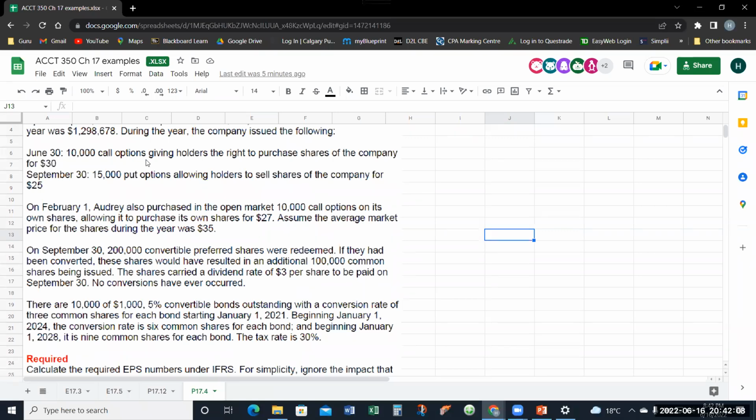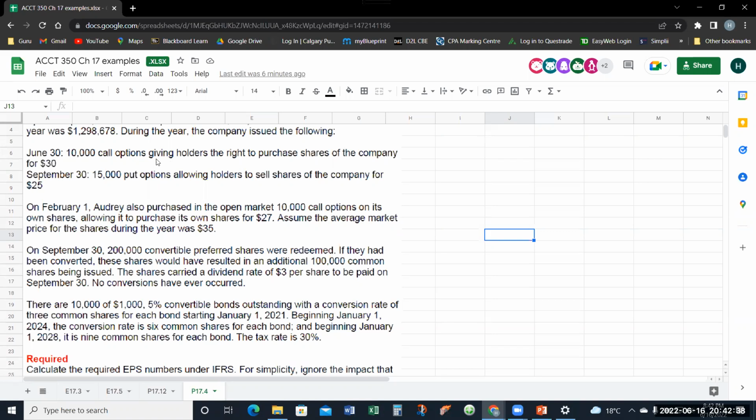So think of it, if I can buy a share from the company for $30, but the market price is 35, I'll be getting myself a good deal here, right? I'll be better off using the option. If the market price is 35 and I can get a share from the company for 30, I'm benefiting from the difference. So that's what makes them in the money.